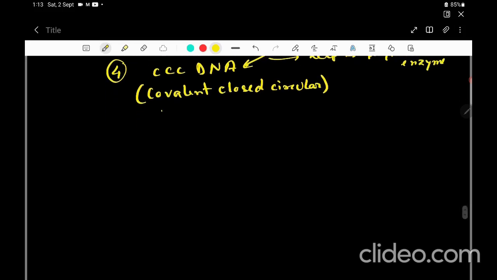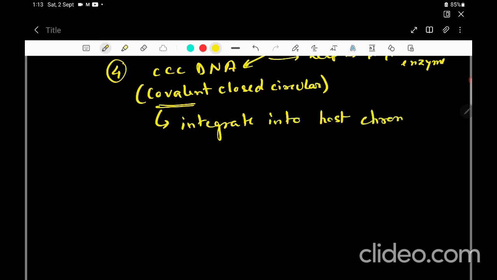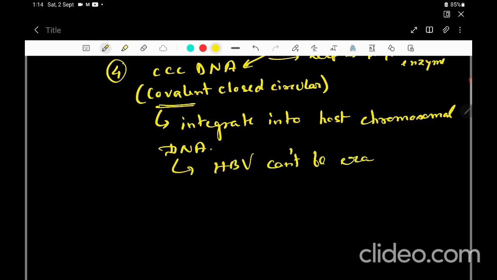Now this CCC DNA integrates into the host chromosomal DNA. That is why HBV can't be eradicated.